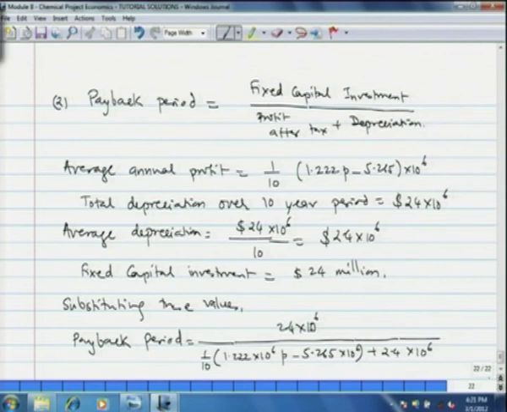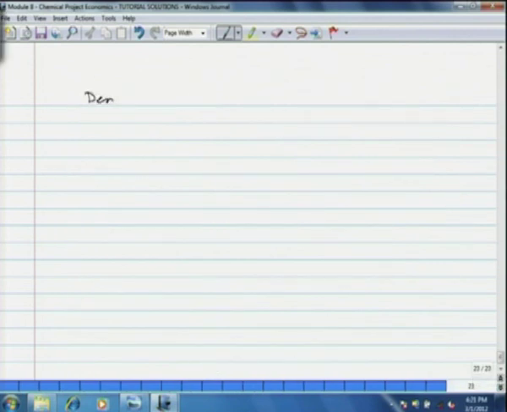And then the desired payback period is 5 years.